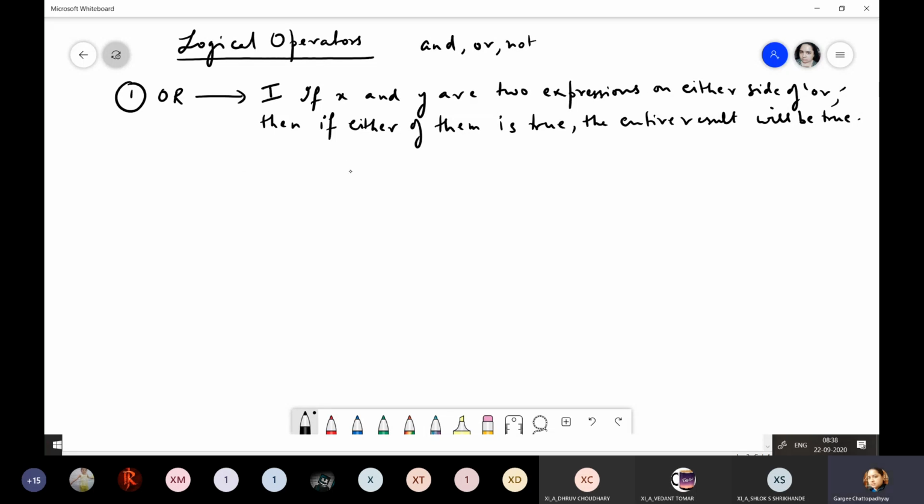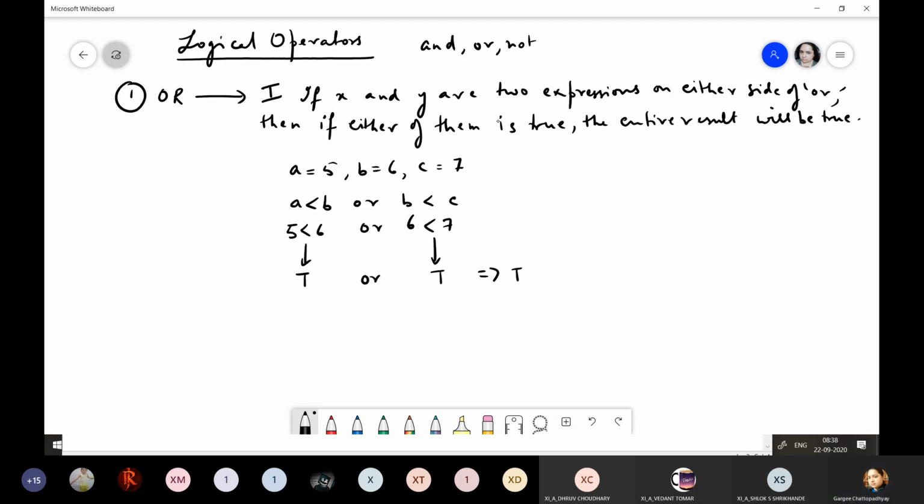As an example, let's see, I have three values. Now I write here A less than B or B less than C. What is A less than B? 5 less than 6 or 6 less than 7. So 5 is less than 6, this is true. 6 less than 7 is also true. So both are true. So the result is true, right?